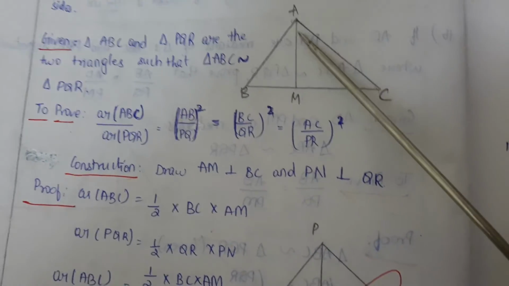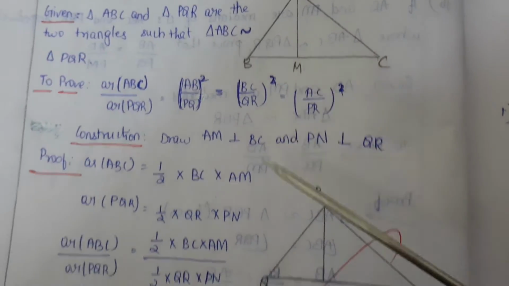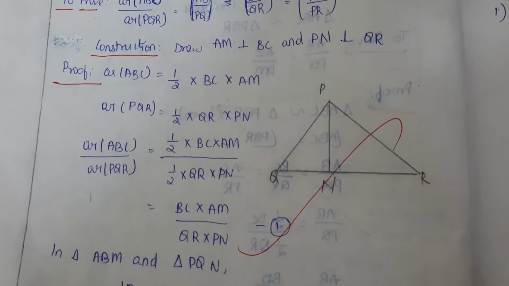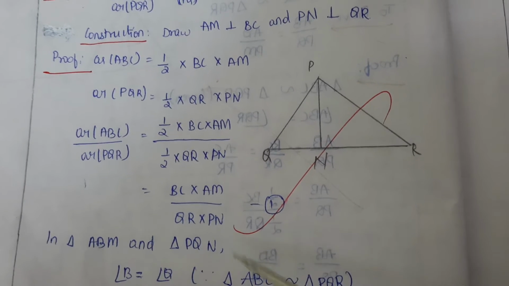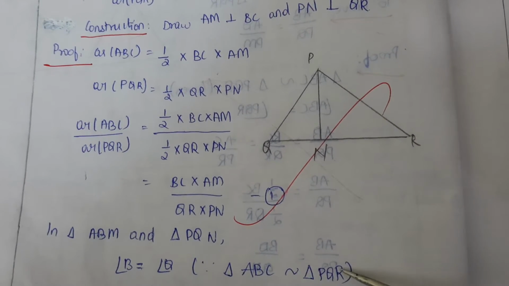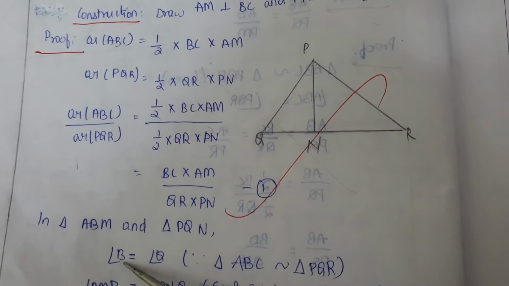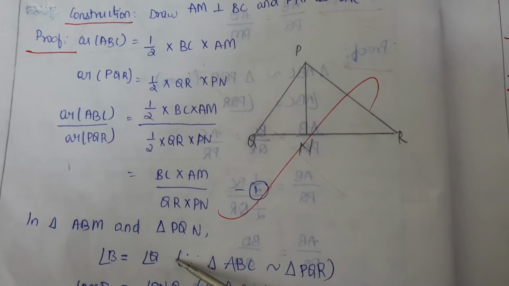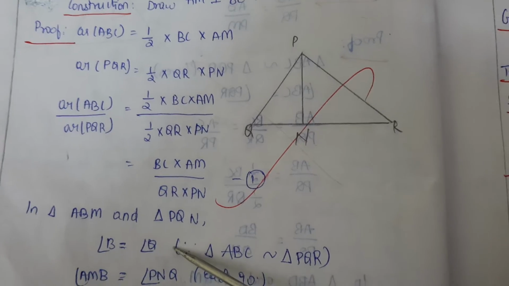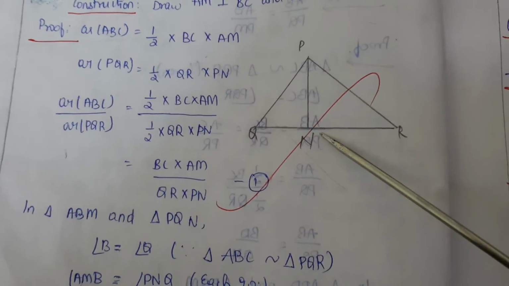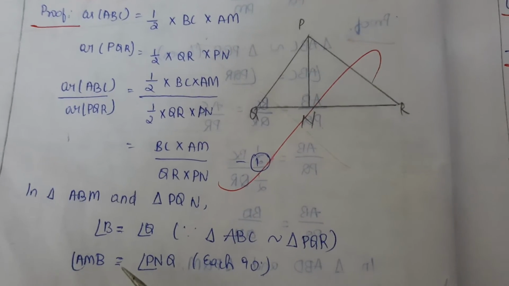Then consider triangle ABM and triangle PQN. Now when we consider these two triangles, we know ABC is similar to PQR, so the corresponding angles will be equal. So angle B is equal to angle Q. And AM and PN are the altitudes, so both are 90 degrees.